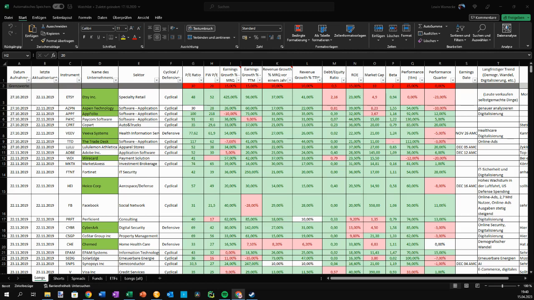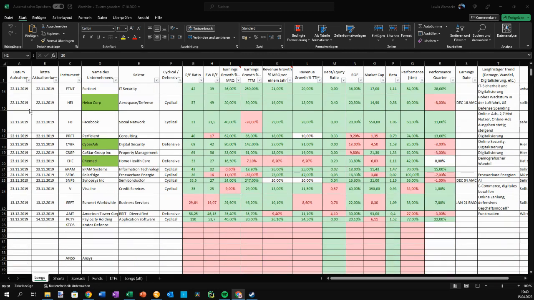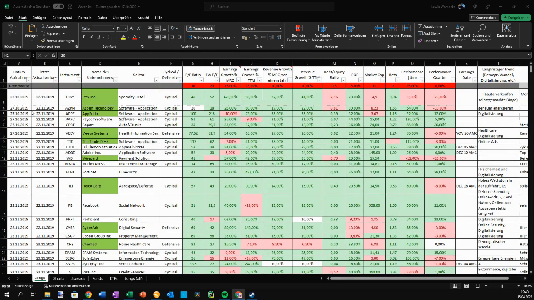fulfill to be on my watch list. And this is my Excel sheet that I used in 2019. And I found it on my PC, and we will just use this to start our investment challenge, because I already know from the past that these fundamental criteria work really well.